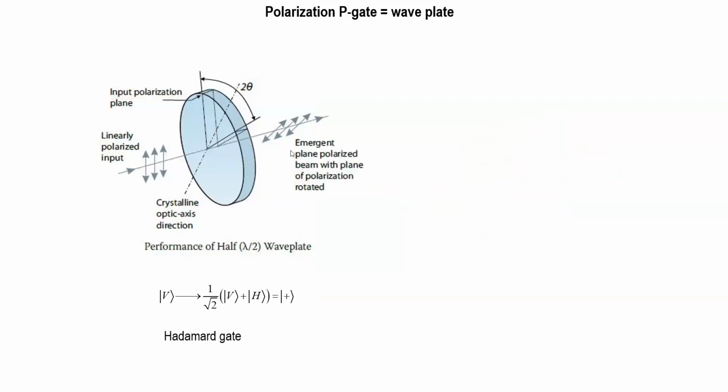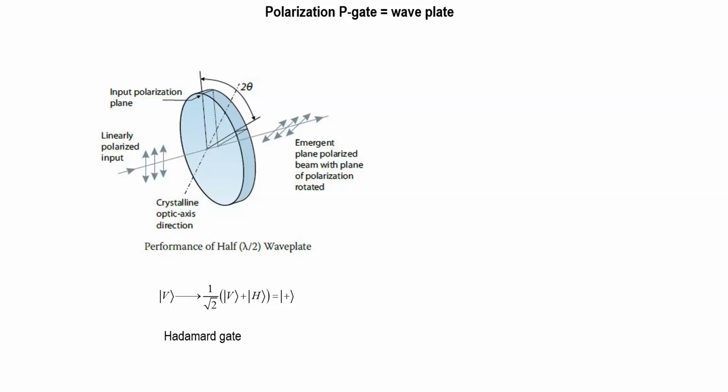In any case, if I consider a plate made of such a birefringent crystal, light that passes through this crystal is split into ordinary and extraordinary light beams, each propagating through the crystal with slightly different velocity.